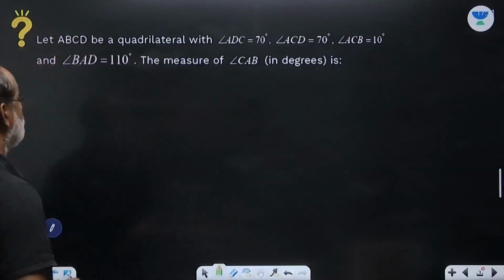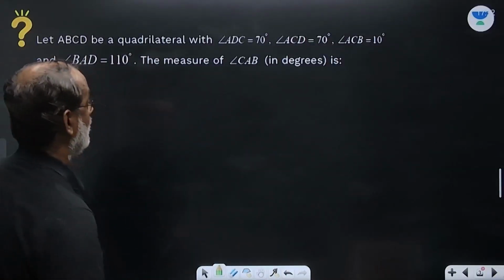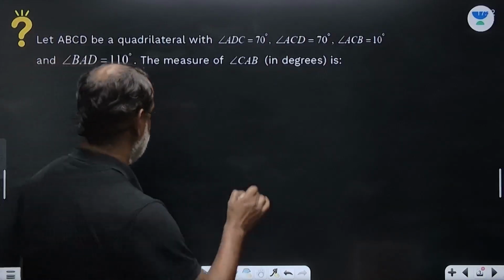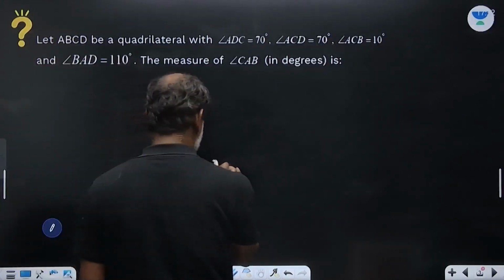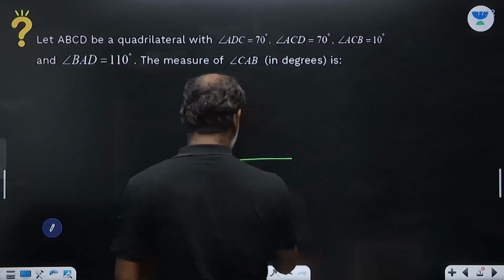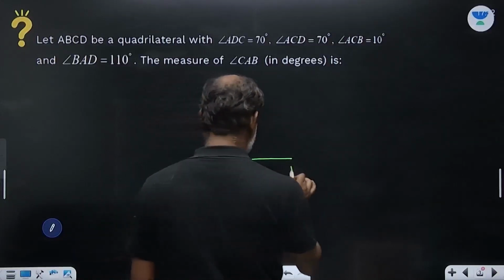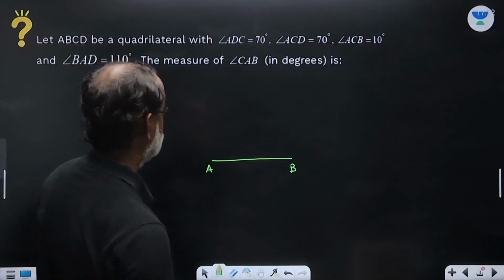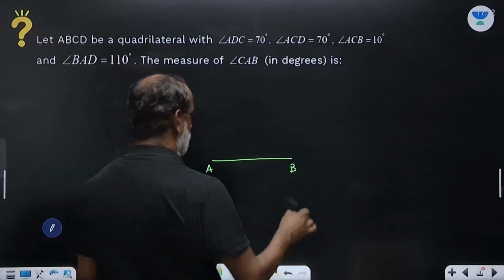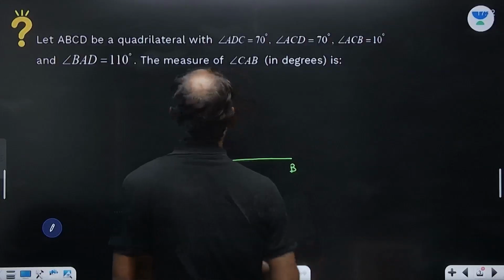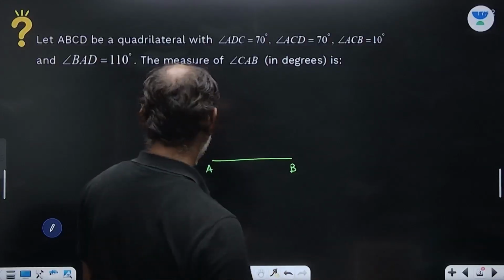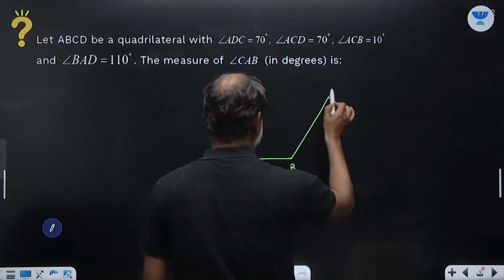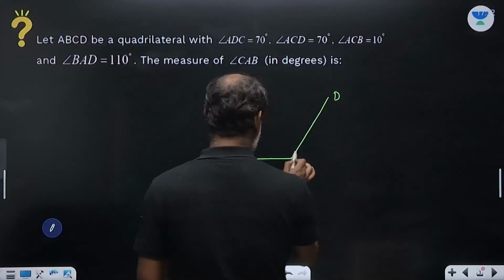Okay, so let ABCD be a quadrilateral, angle ADC is 70 degree. Angle BAD is 110 degree.